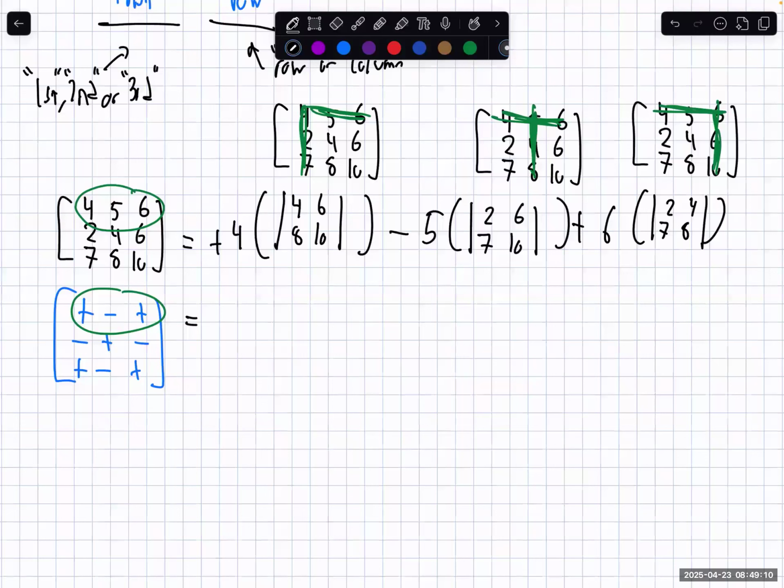Then I'm going to do the 2x2 determinants here.